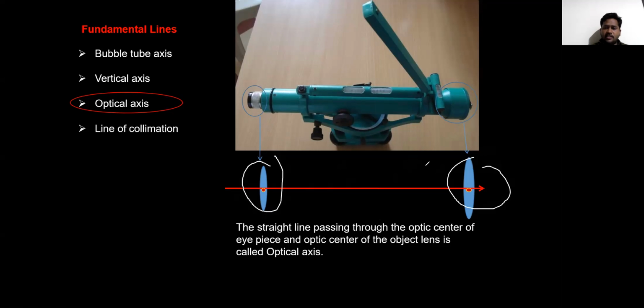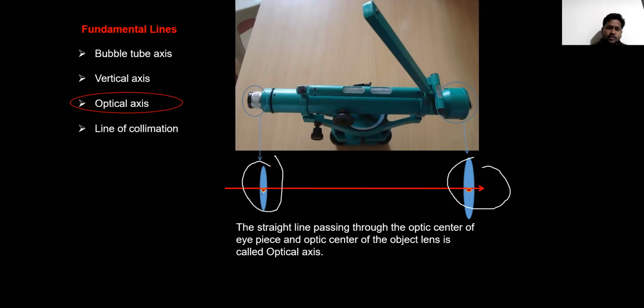This is the eyepiece and this is the objective. The straight line joining these, passing through the optic center of the eyepiece and the optic center of the object lens, is called optical axis.